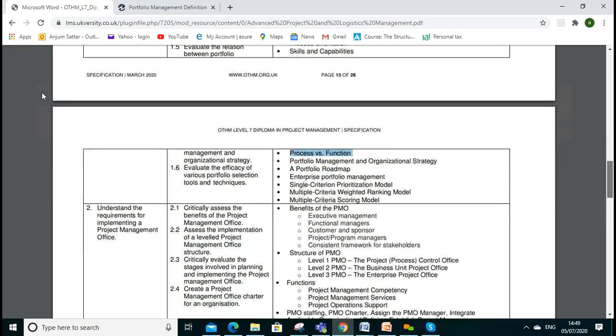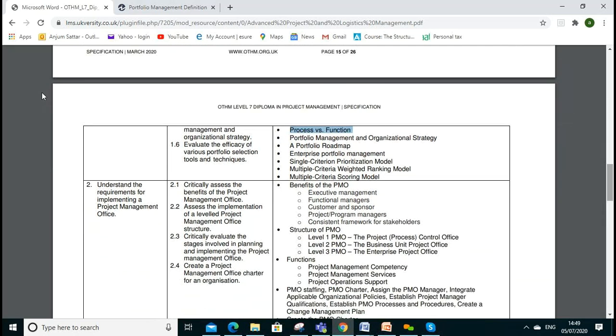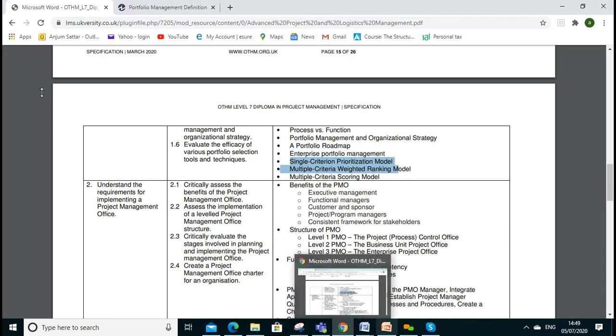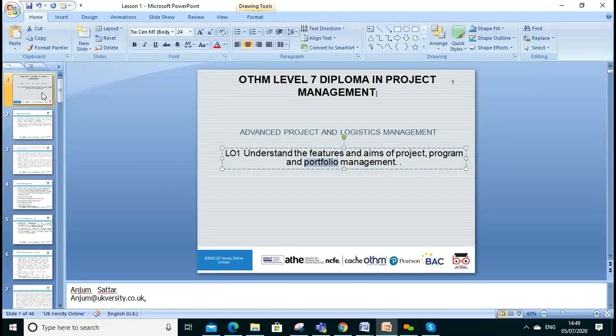There is a model, RVV, which we'll go through a bit today, but we'll embed it in the following lessons when we do more evaluation. Project management and the organization strategy, we'll discuss. Portfolio roadmap, enterprise, single criterion and different criteria and scope. Those are models we'll go through in our lesson.